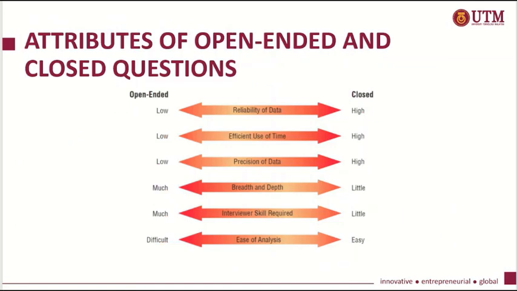There are 6 attributes that we can compare between both types of question, including data reliability, time efficiency, data precision, data depth, skill required, and level of analysis. In terms of data reliability, time efficiency, and data precision attributes, closed questions are more reliable, efficient, and precise compared to open questions.